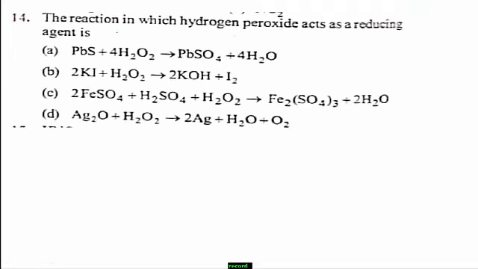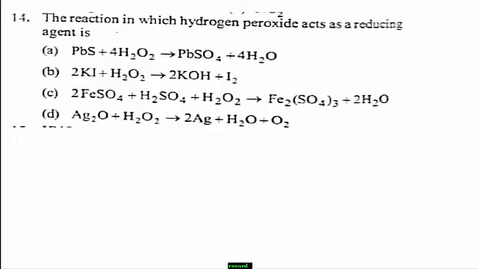Next, question number 14. The reaction in which hydrogen peroxide acts as a reducing agent is? Option A, PbS plus 4H2O2 gives PbSO4 plus 4H2O.